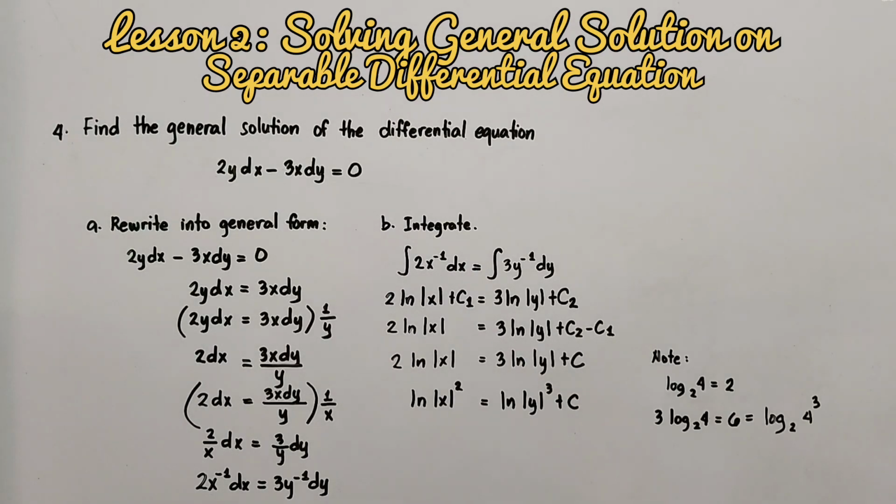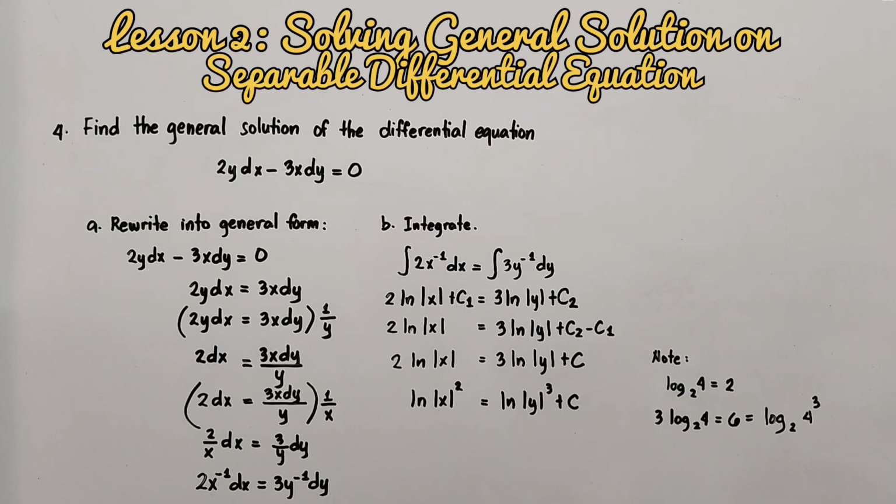To understand the next step, take note and recall that log 4 base 2 is 2. And 3 times log 4 base 2 is 3 times 2 equals 6. And this is equal to the expression log 4 raised to the third power base 2. Since 3 is the coefficient of log, we take 3 and make it as a power of positive 4. In the given 2 ln absolute value of x, we will make use of the coefficient 2 as a power of our absolute value of x.